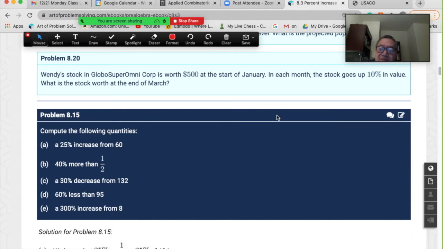So then you do 10% times 550, which equals 55. Then you add 550 plus 55, which is 605. Okay, then 10% times 605, which is 60.50.